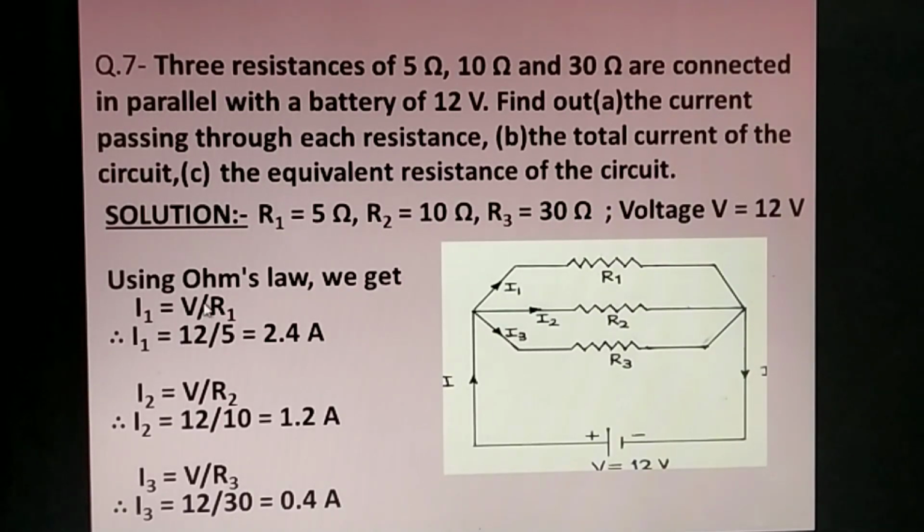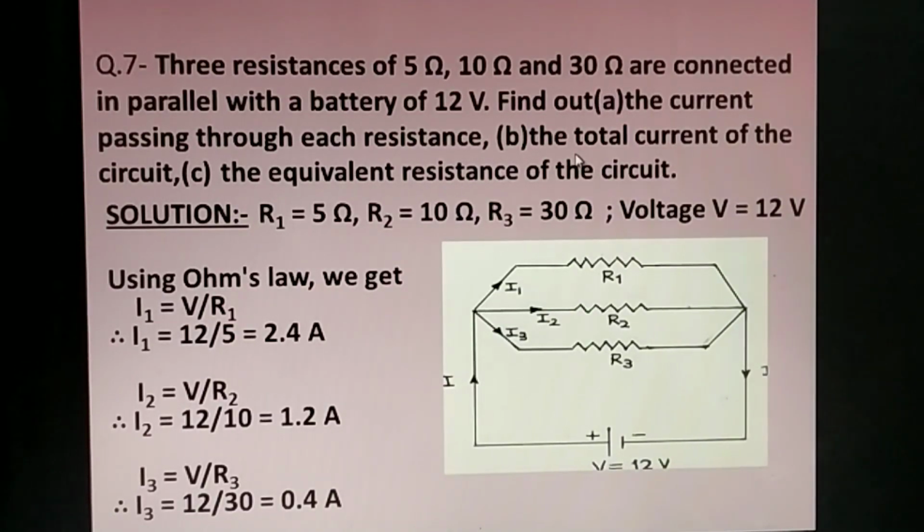So V upon R1, तो V की value 12 है and R1 value is 5. You will get 2.4 ampere. Like this, I2 we will get 1.2 ampere and for I3 we will get 0.4 ampere. These are the current passing through each resistance. तो हर एक resistance में I1, I2 and I3 current हमें मिल गया है.